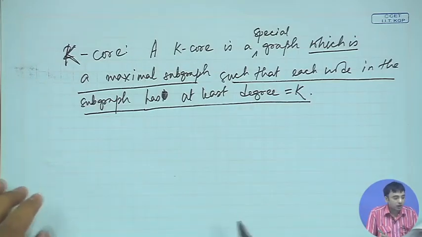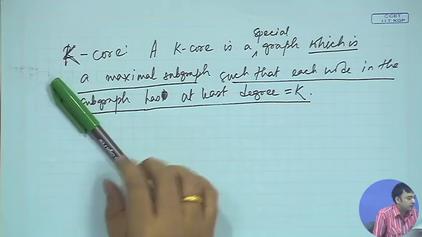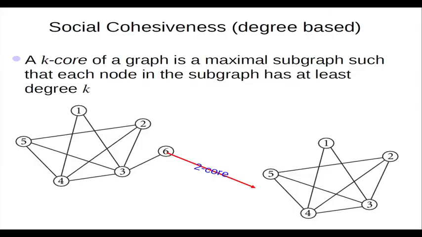If you look at the example on the slides, let us concentrate on that example. In the slides you have this 6 node network to start with. Now, a valid 2 core of this network would be a maximal subgraph where all nodes have at least degree 2.